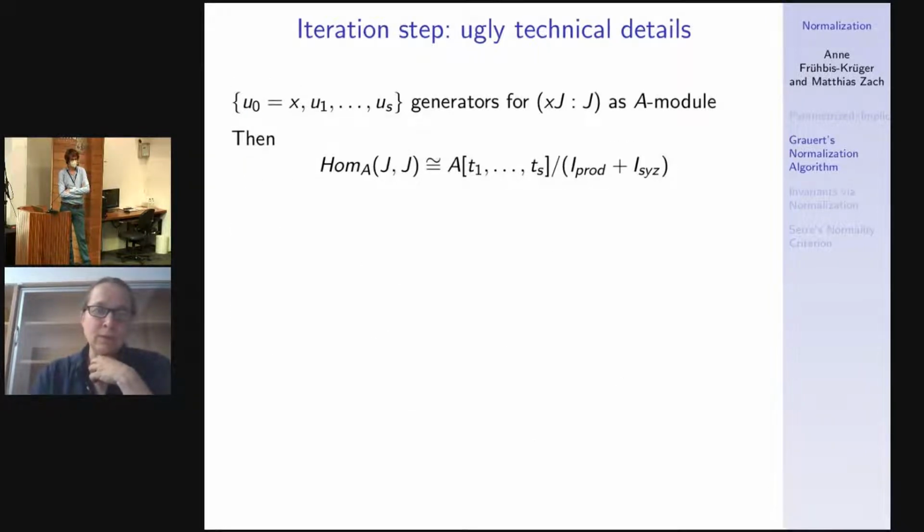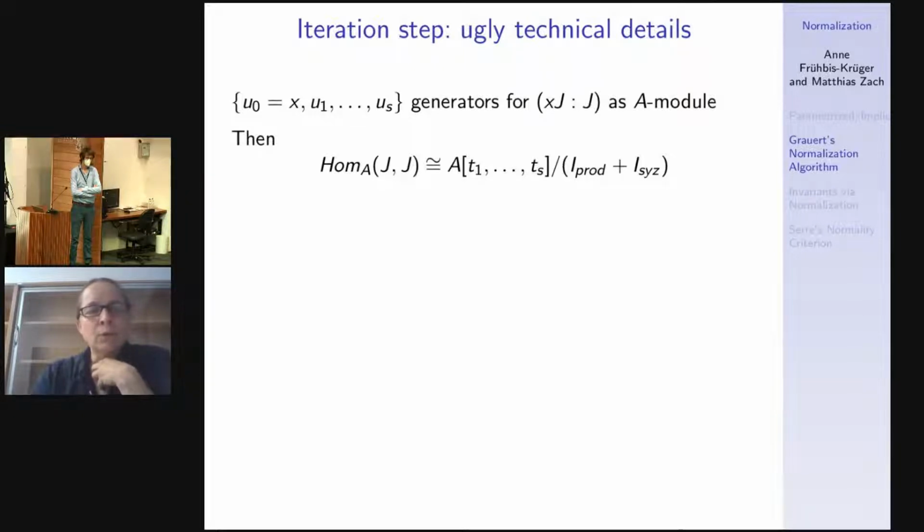Now, to get from the non-normal locus to the normalization, it's getting a bit more nasty, a bit more technical. So we had seen before that X times J quotient with J also carries the structure of an A module, a finitely generated A module, I should say, to be more precise. And we can fix a set of generators as an A module.